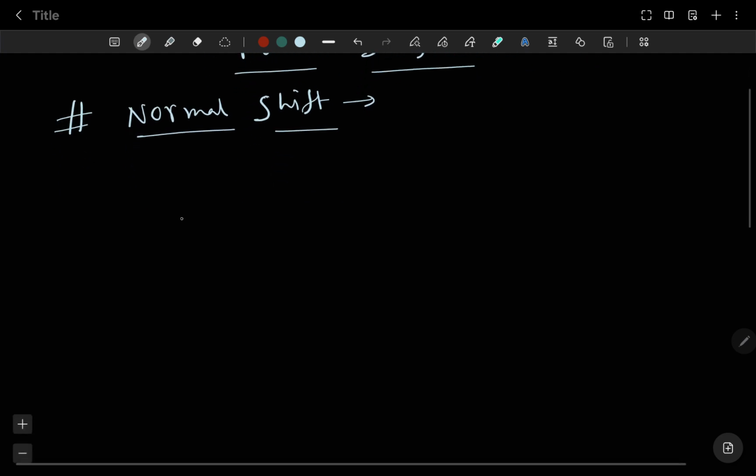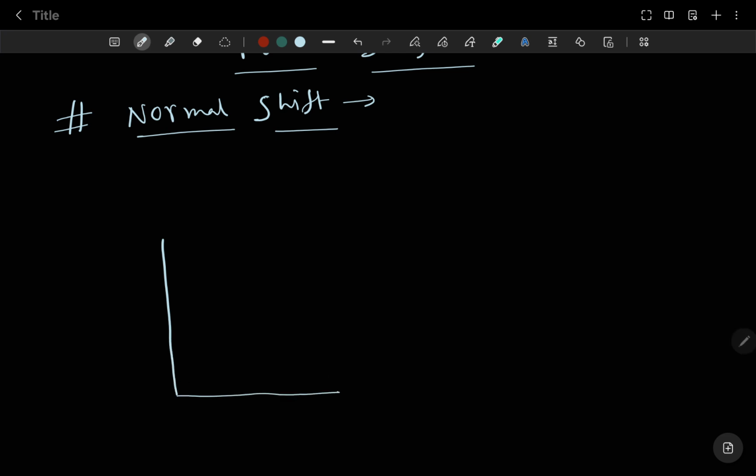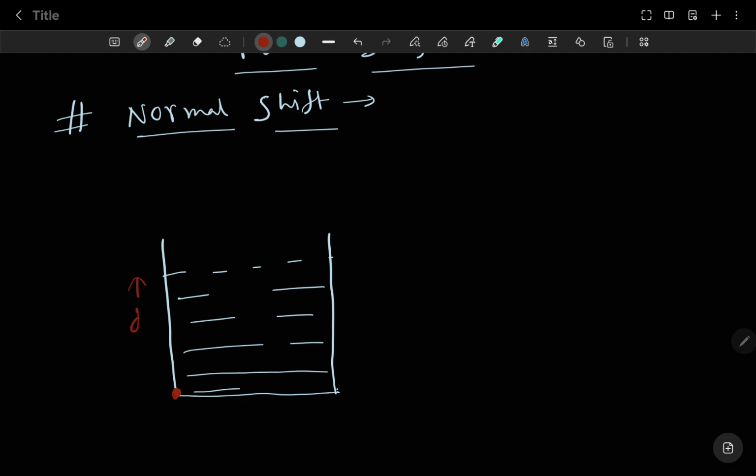Say, suppose an object is there, okay, at a depth of d, and suppose you are observing the object from here, this is your eye, clear.